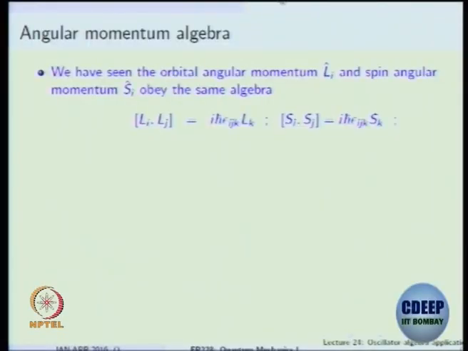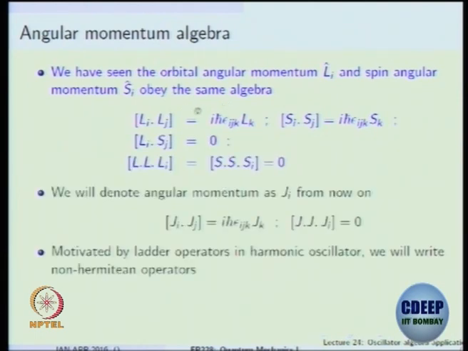So, we have seen orbital angular momentum and spin angular momentum obey the same algebra. This is what I tried to motivate from the Stern-Gerlach experiment. The algebra of the spin operator should be exactly similar to what we have, plus they are in two different spaces, so they commute, and we have this condition, which is the simultaneous eigenstate of L squared and Lz.